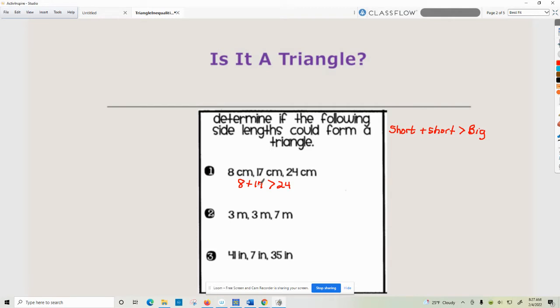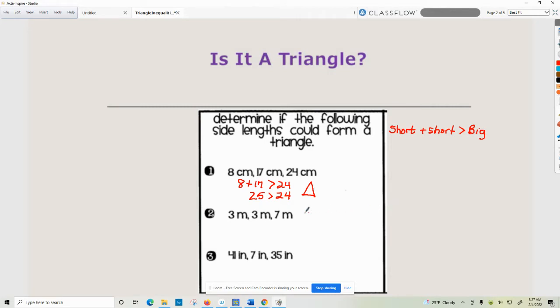If you take 17 and you add 8, you're going to get 25. Is 25 greater than 24? And the answer is yes. So we can make a triangle with those three sides.